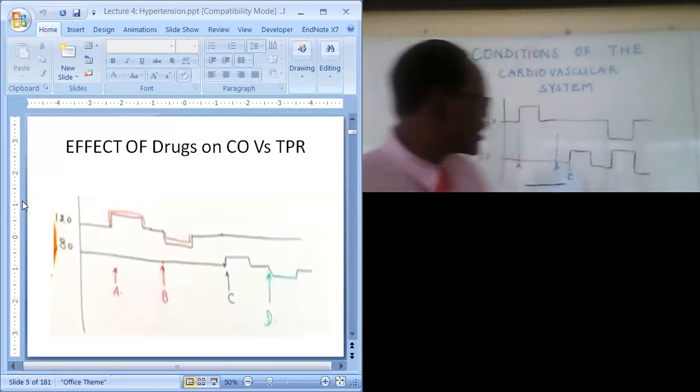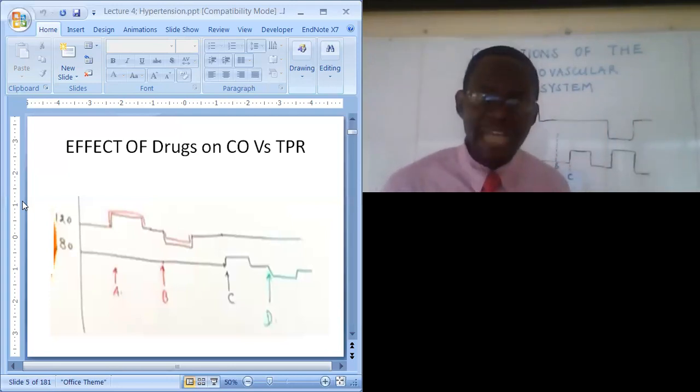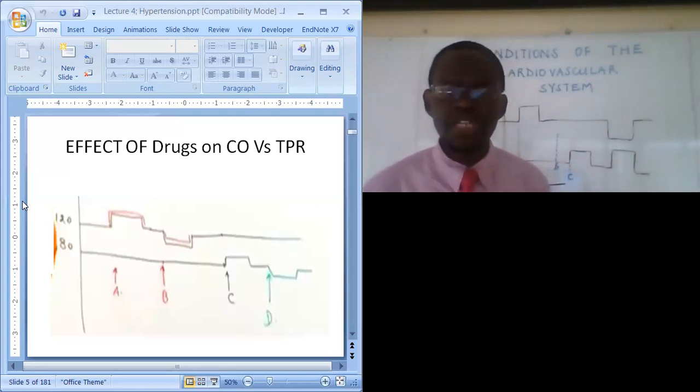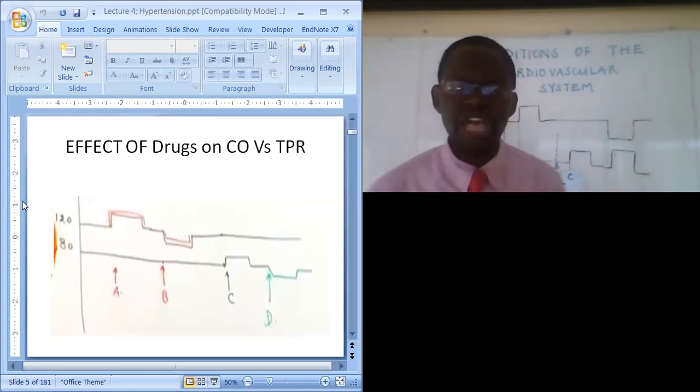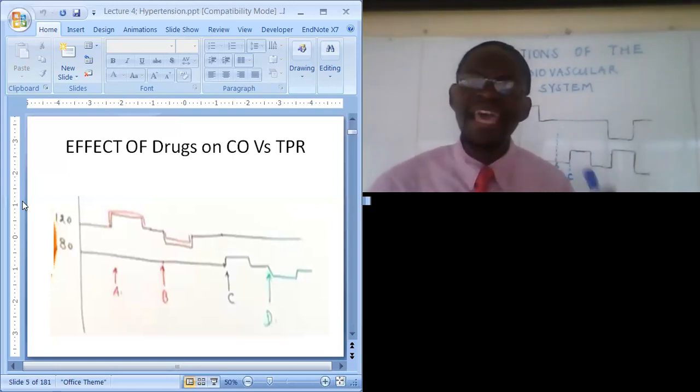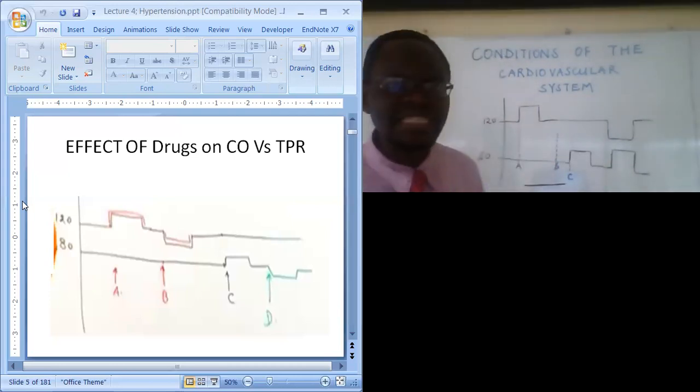Now, this point is very, very critical as far as the different drugs that are used in the management of hypertension are concerned. What we have just been seeing is the effect of drugs on either the cardiac output or the total peripheral resistance.